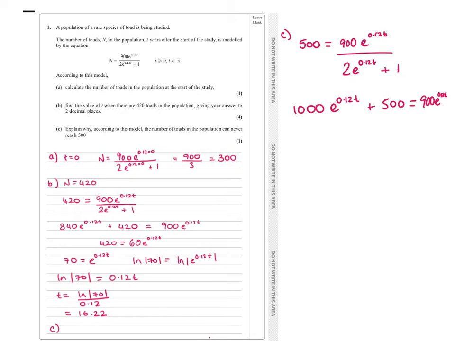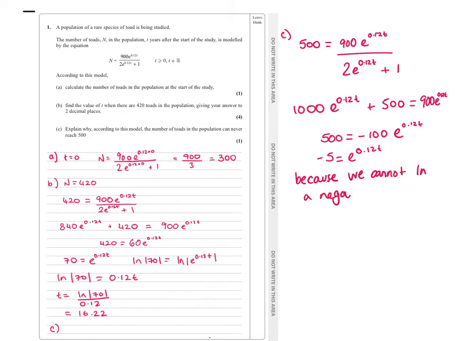So that means I'm going to get 500 equals negative 100e to the 0.12t, and then if I divide both sides, I'm going to get negative 5 equals e to the 0.12t. Okay, we cannot have e to a power equal a negative. So this is how we know that the population can never reach 500.